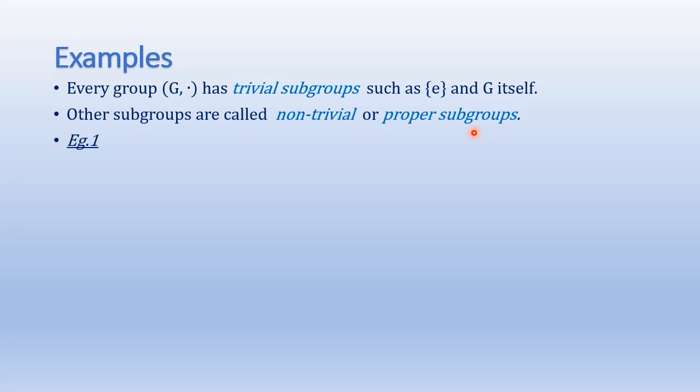Example 1. Consider the group integers modulo 6 under addition modulo 6. So Z6 will have the elements 0, 1, 2, 3, etc. up to 5. Let us take only these 3 elements from Z6. That is, let H equal {0, 2, 4}.